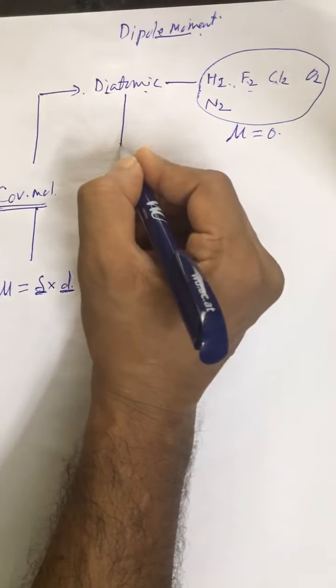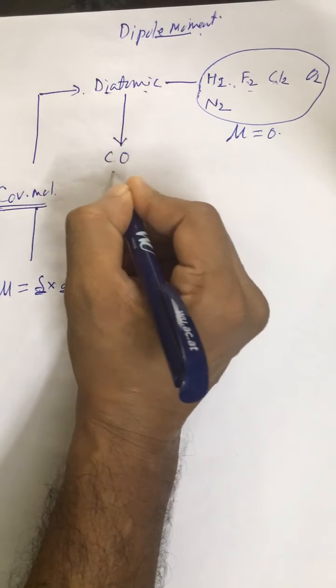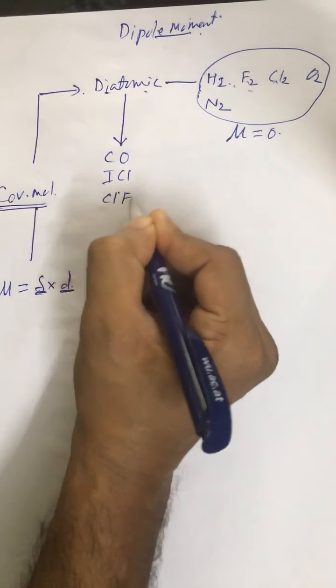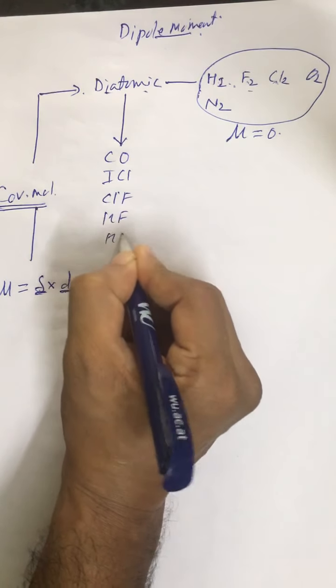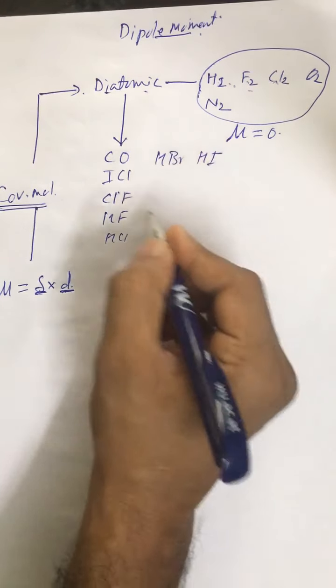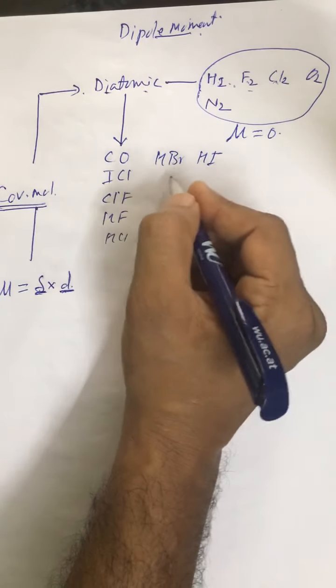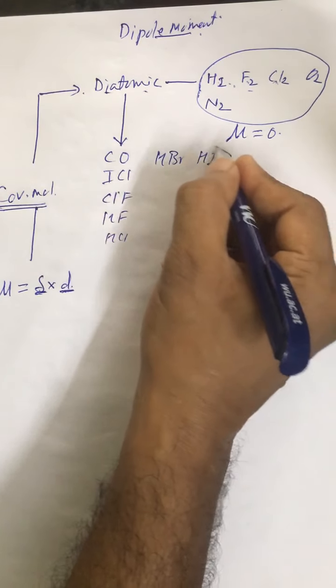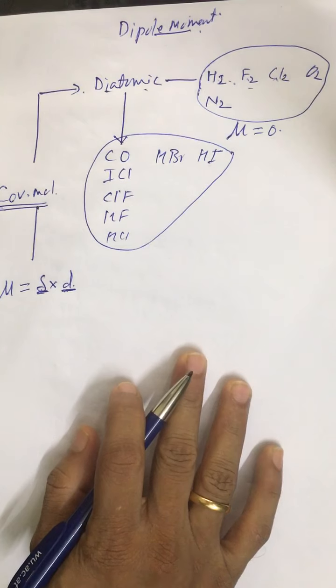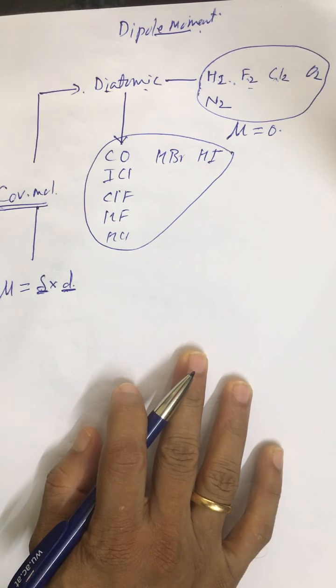The second type of cases are CO, carbon monoxide, ICl, ClF, HF, HCl, HBr, HI, etc. These are again diatomic species, but in these molecules we have different atoms.